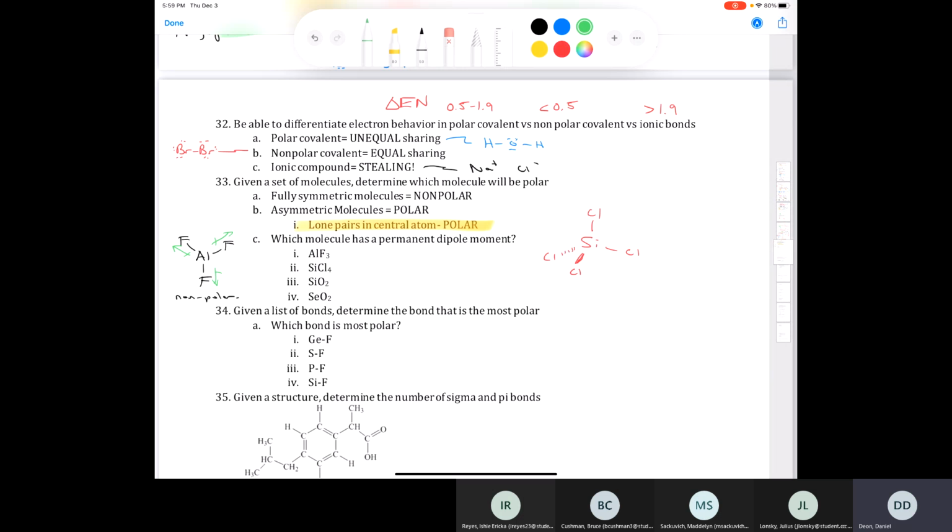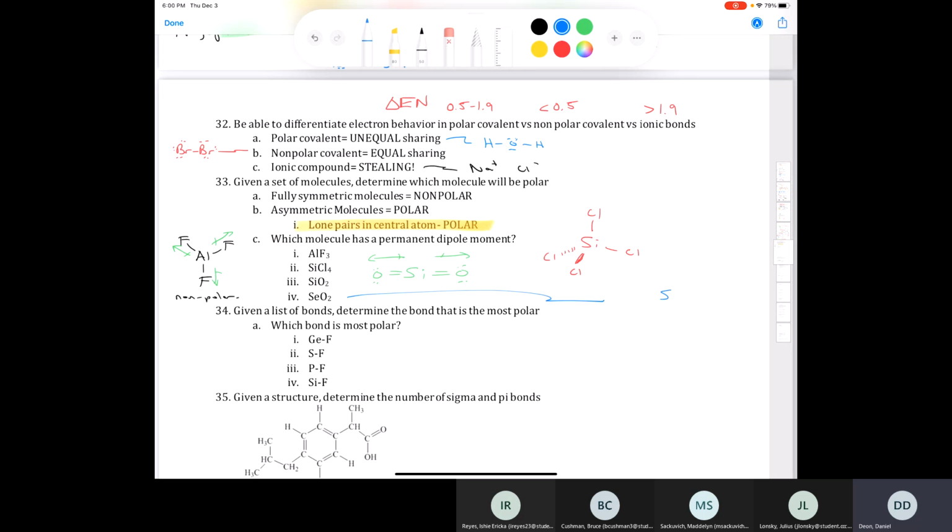Silicon dioxide, SiO2, is going to look like this. It's like an analog of carbon dioxide because silicon is in the same group as carbon. So we're going to have dipoles, but those are pulling in equal and opposite directions. They're going to cancel. But if I draw the Lewis structure of selenium dioxide, SeO2, what's that going to look like?